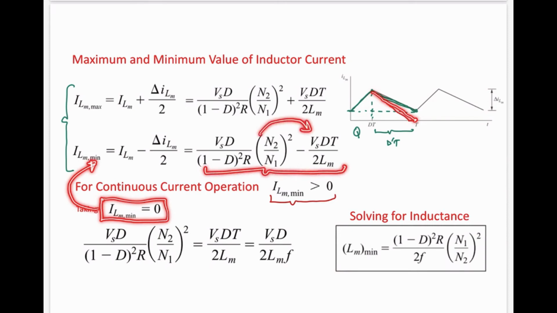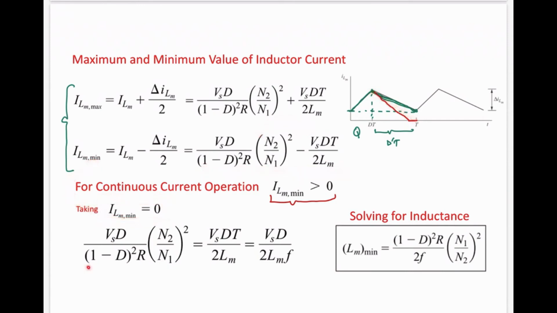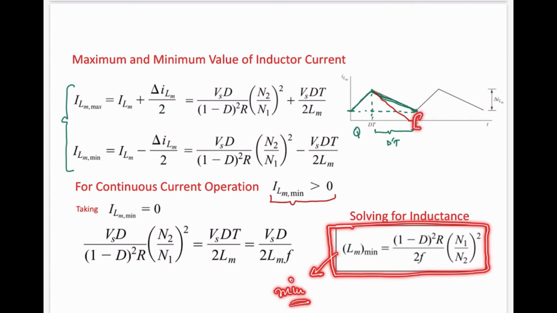Equating these two, VsD, this term from here should be equal to this term. Then writing T in the form of frequency, T is equal to 1 by F, and solving it for inductance, you will get this expression, and this will give you the minimum inductance, because we have applied the condition that IL minimum should be equal to 0.